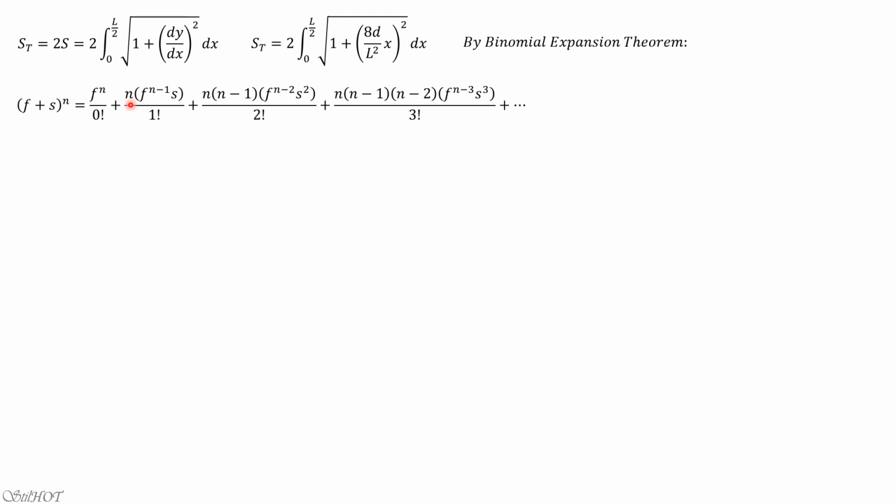Then here, the derivative of n times f to the n minus 1 is n times n minus 1 times f to the n minus 2. So that's why it appears here. Then since we subtracted 2, the power of the second term s is also 2. The entire term is divided by the power of the second term factorial. Then plus n times n minus 1 times, the derivative of f to the n minus 2 is n minus 2 times f to the n minus 3.